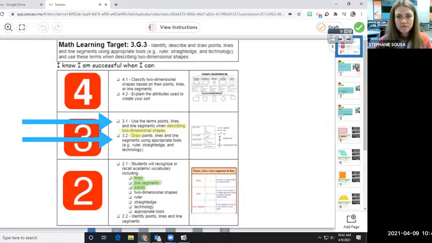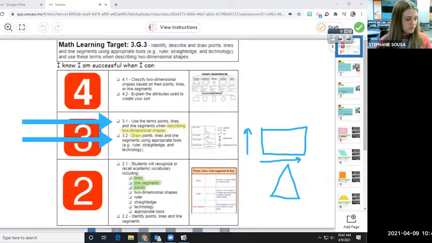That word two-dimensional just means that there is a length and width to a shape. Most of the shapes we are familiar with are two-dimensional because there's length and width. They are flat shapes on a plane.